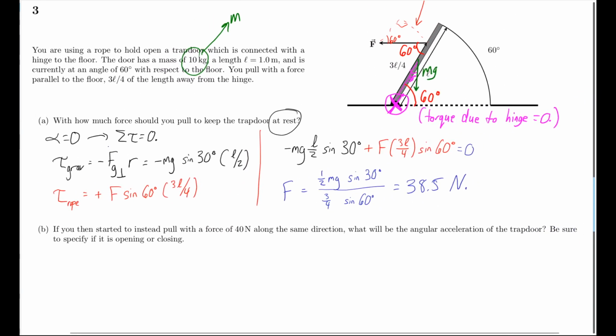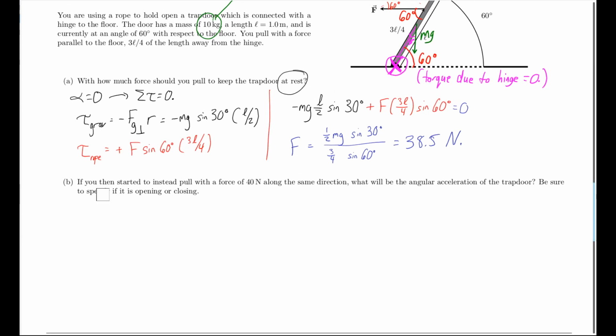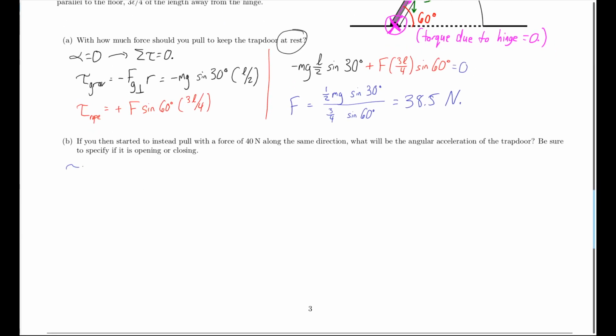Okay, so now what if we pull a little bit harder? Well, if we pull a little bit harder, now the angular acceleration is not 0. Now I know that the net torque equals I alpha.